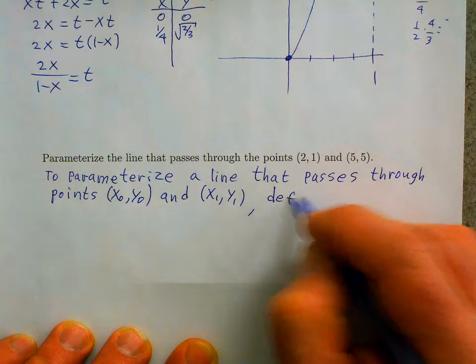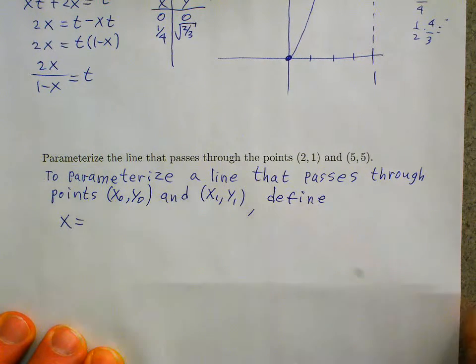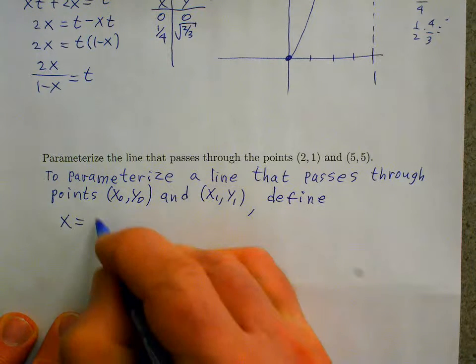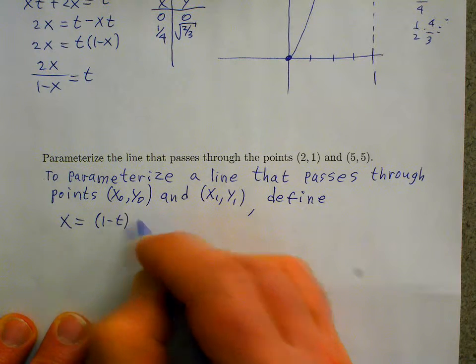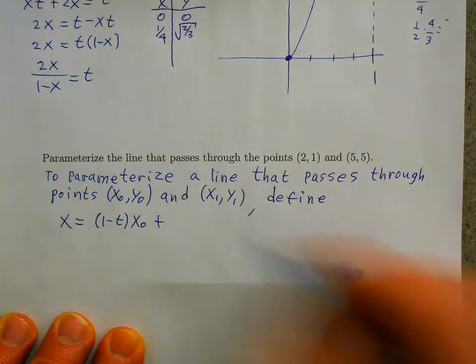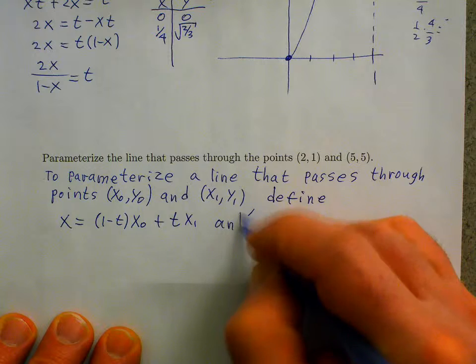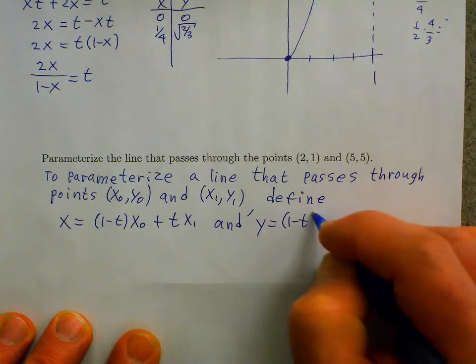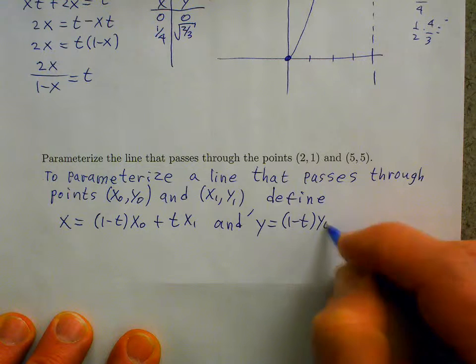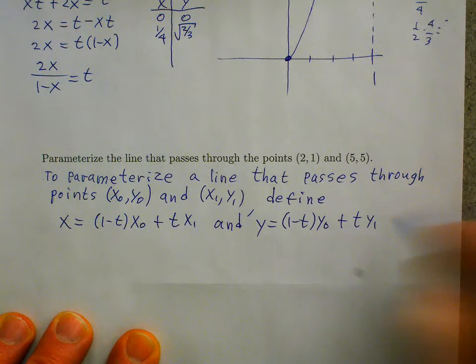We just define x to be, let's see, 1 minus t times x sub 0 plus t times x sub 1, and define y to be 1 minus t times y sub 0 plus t times y sub 1.